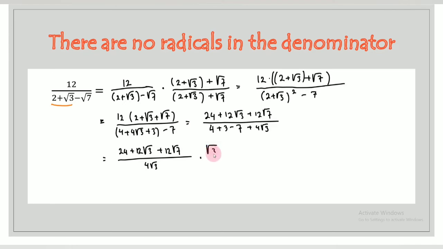So it's gone. In the end, I still have radicals in the denominator, so I need to multiply by square root of 3 over square root of 3. So I distribute square root of 3 into all of the 3 terms in the numerator. I believe you get the idea.